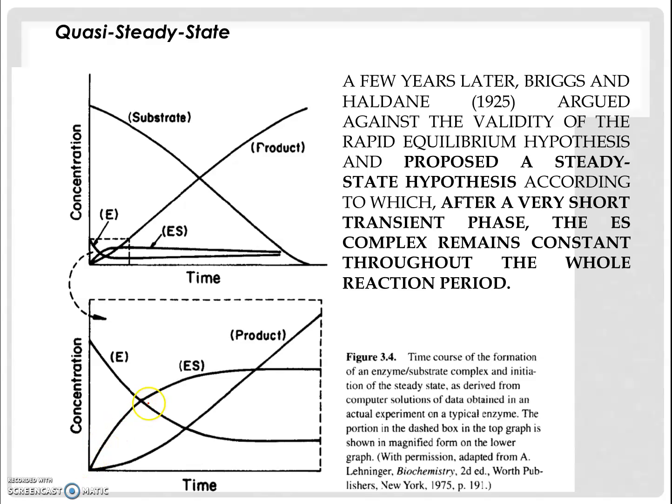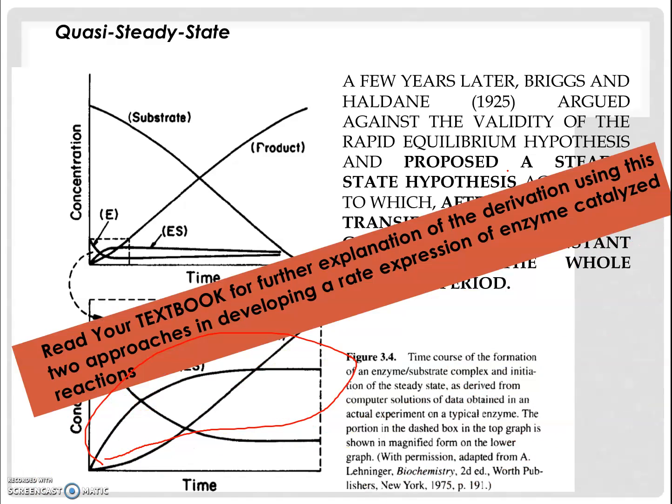Throughout the period, here you can see, it will be constant. So they proposed PSSH to be used in deriving the rate expression for the enzymatic reaction. You can read in your textbook for further explanation on the derivation shown by using these two approaches in developing a rate expression of enzyme catalyzed reaction.